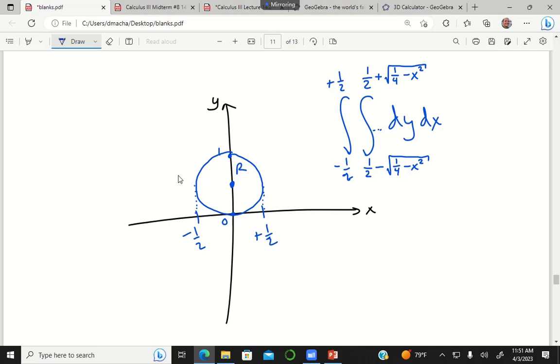Then you can figure out what happens if you plug in x equals positive or negative half. Squaring it gives 1/4, and so we have 1/4 minus 1/4, which is 0. The square root of 0 is 0. Then your y value should only be 1/2 when x is equal to positive or negative half. So you can double check to make sure your bounds on your y variable make sense in that case.